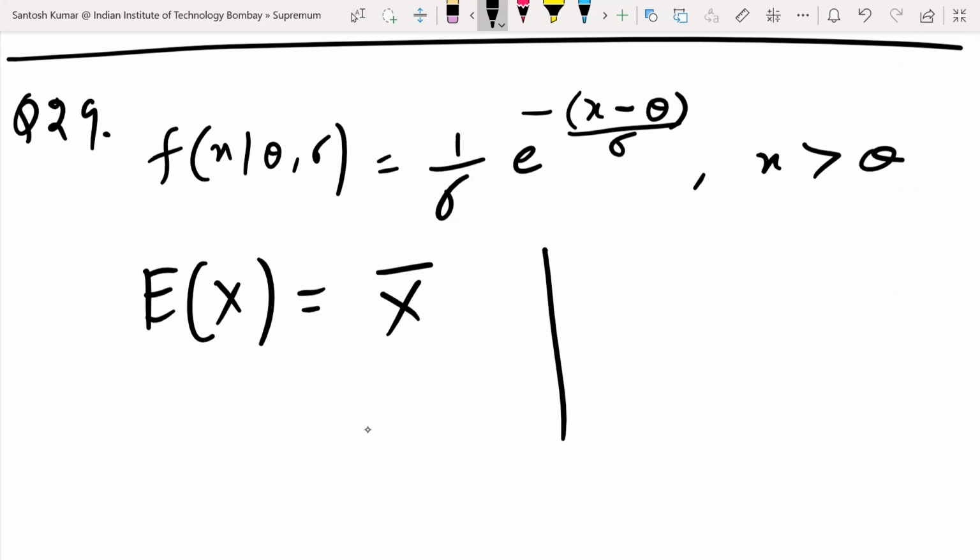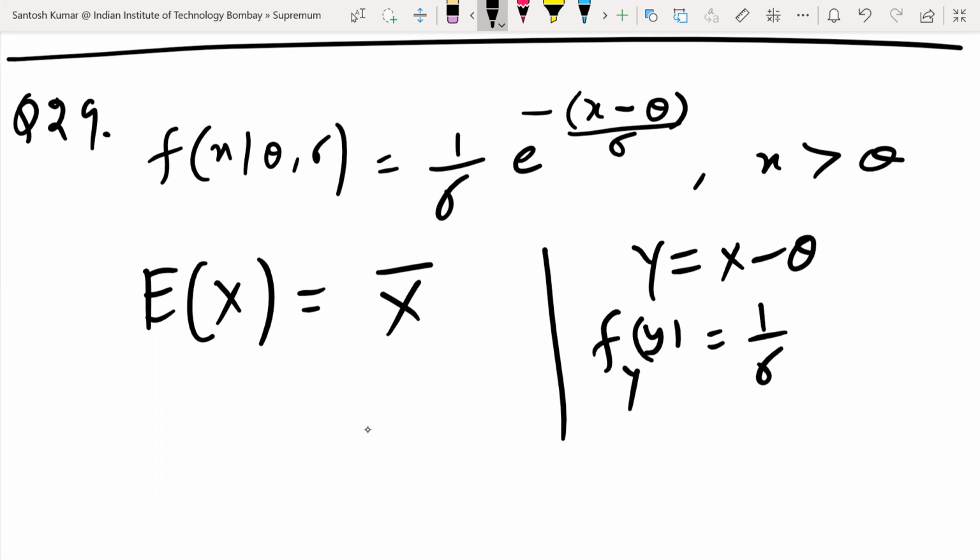Okay, if I name x minus theta as y, then in terms of y, f(y) will be 1 by sigma e raised to the power minus y upon sigma. So that is an exponential random variable with mean sigma.